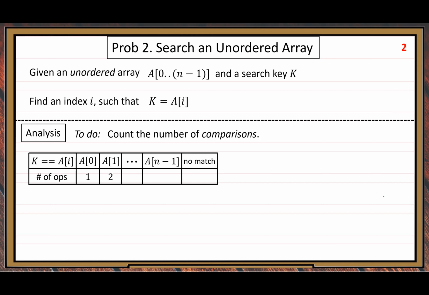If k equals a of 1, 2 comparisons, and so on, until the last element, where k equals the last one, n comparisons. Then no match. If no match, you need to compare all the elements, so that's also n comparisons.